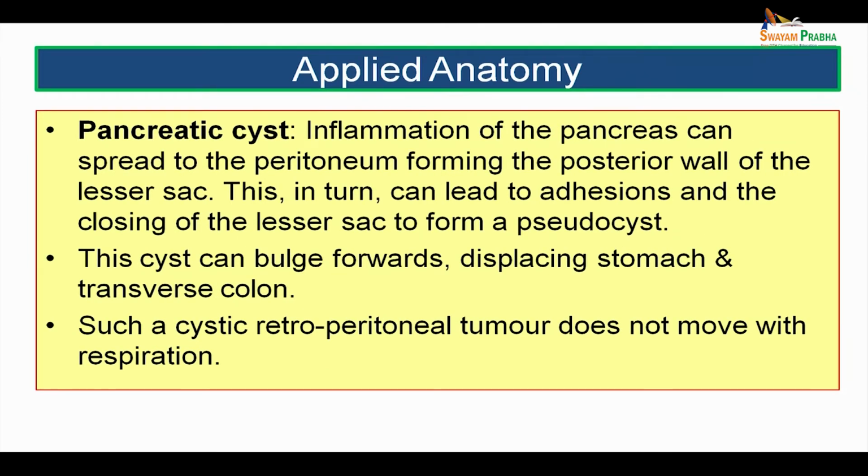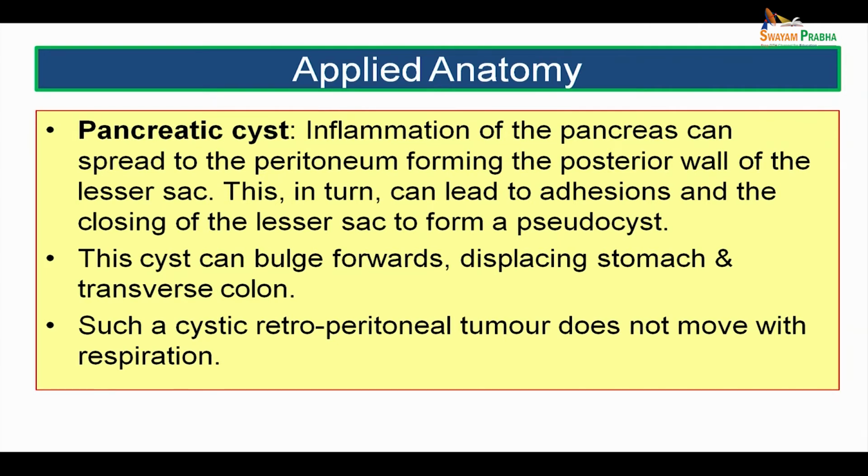Next, we see pancreatic cyst or pseudocyst of the pancreas. Inflammation of the pancreas can spread to the peritoneum, forming the posterior wall of the lesser sac. This in turn can lead to adhesions and closing of the lesser sac to form a pseudocyst.